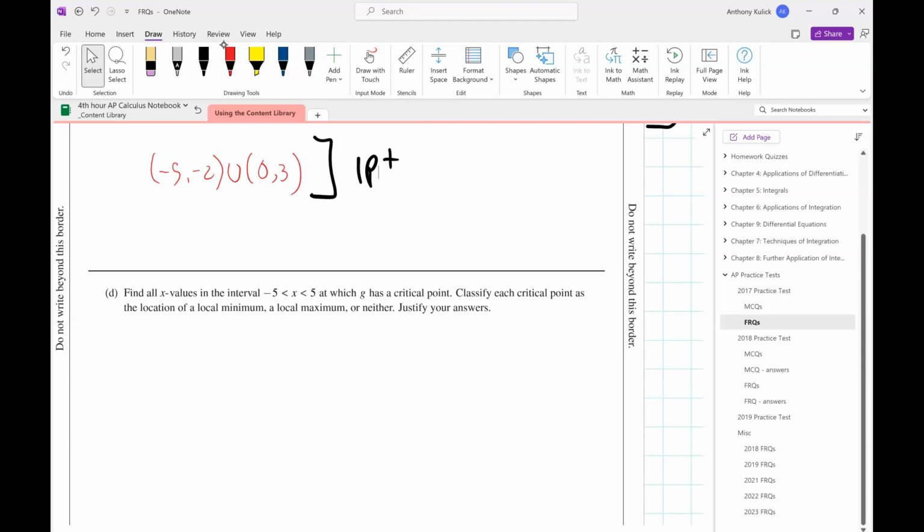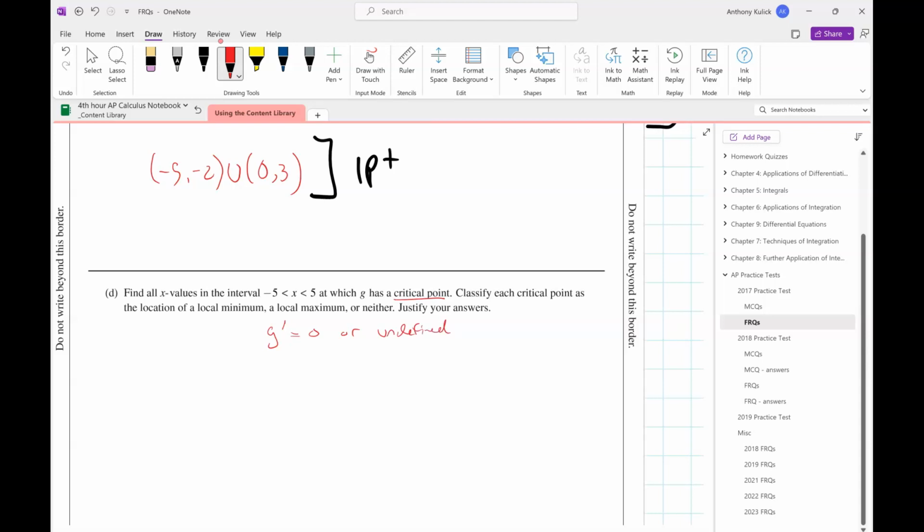All right. The last part here, it says, for all x values from -5 to 5, find all x values at which g has a critical point. How do I find a critical point? Equal to 0, and then test the ends too. Oh, close. So g prime has to equal 0, or be undefined.